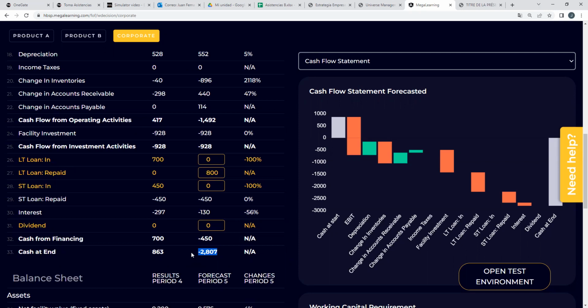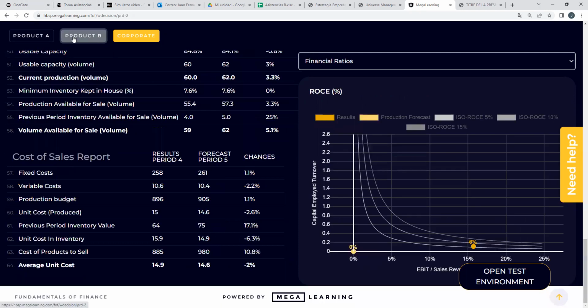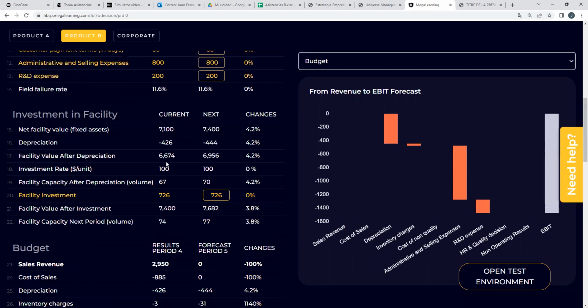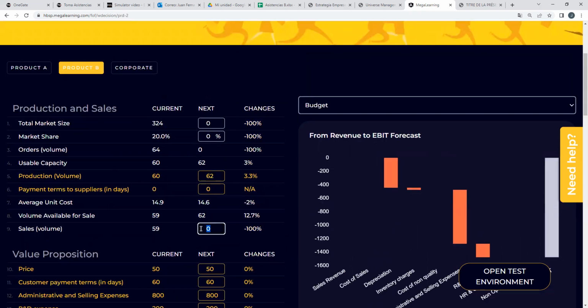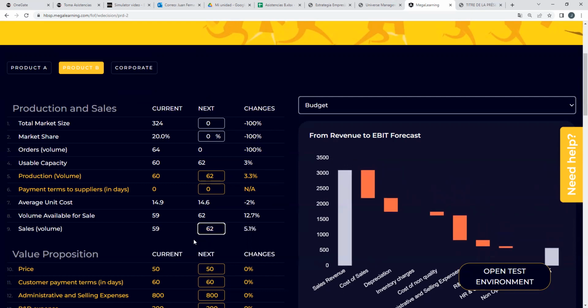This value needs to be at least $1, okay? So probably it's going negative because of two things. One is that for product B, I am still having sales volume of B at zero, so the forecast is not calculating the income that product B is generating. So here I'm going to put that I'm going to sell something about B. So I'm going to be able to sell the 62 units that I'm going to produce.